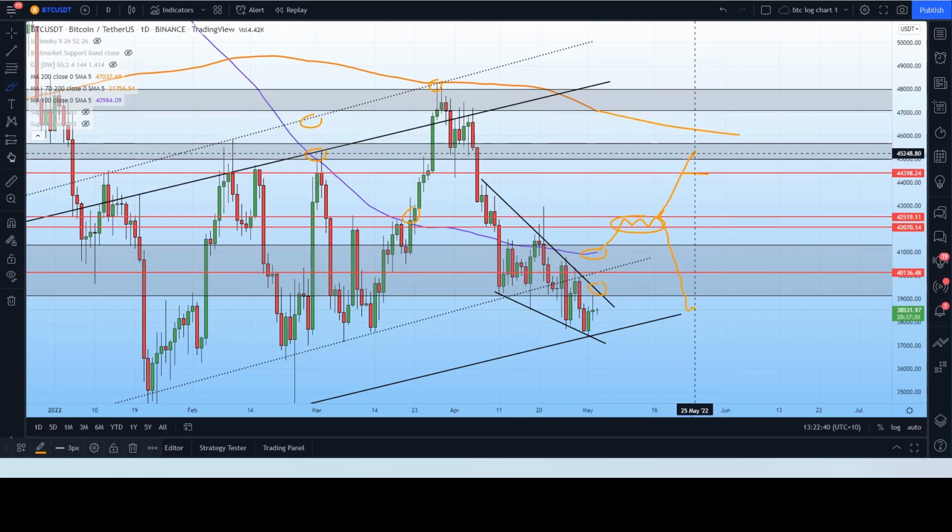Therefore, we can expect a push upwards to that 200-day moving average. When that occurs, it can be anywhere between $46,000 and $47,000 before we either get rejected or we break past it, confirming that we are now in fact in a macro uptrend. The bull market has the potential to resume, if not consolidate higher and then resume later.